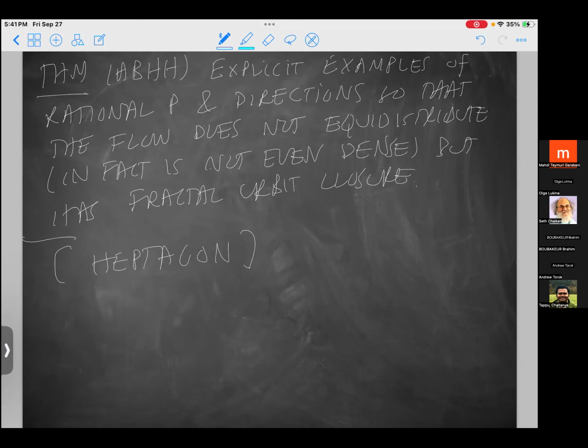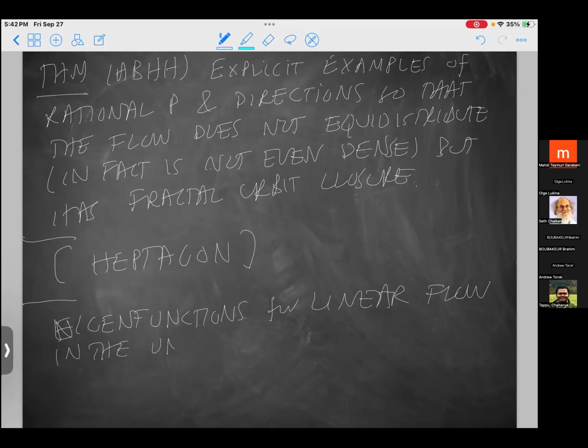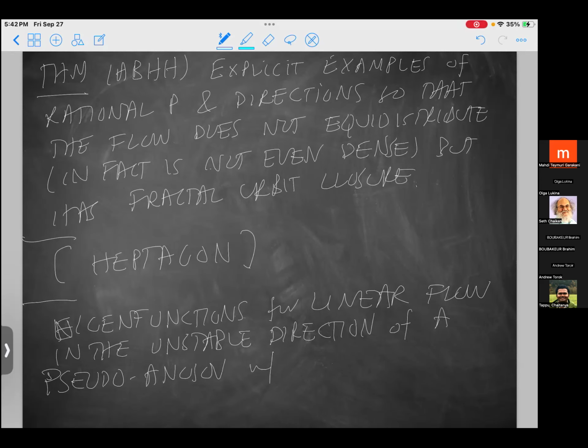And I will show you some really cool pictures of this. For the experts in the room, this comes from explicitly constructing eigenfunctions for linear flow in the unstable direction of a pseudo-Anosov map with a Pisot expansion factor.